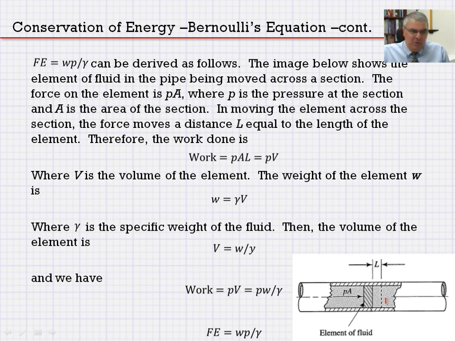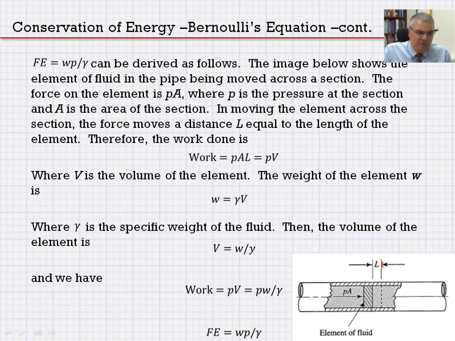This L equals the length of the element. So we are trying to move this element by using forces from the original point that is shown here to the dotted line that is shown down here.